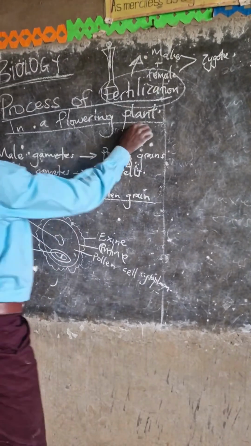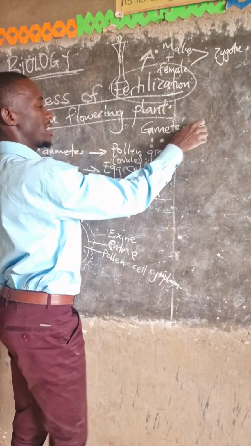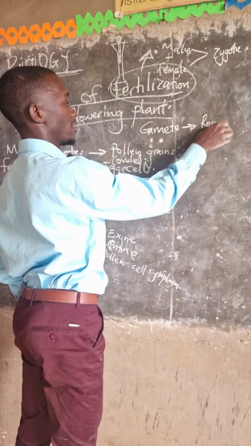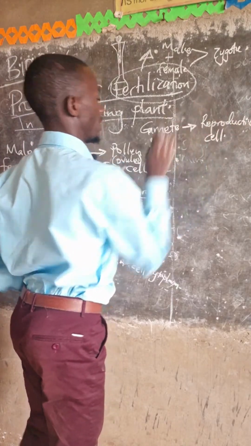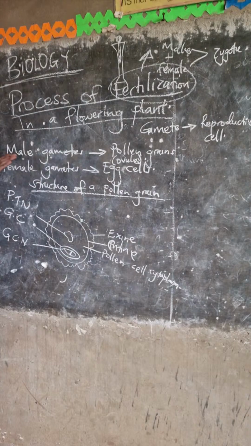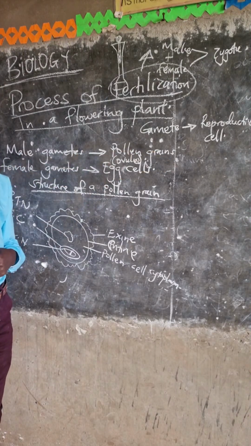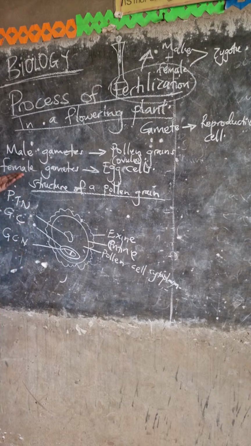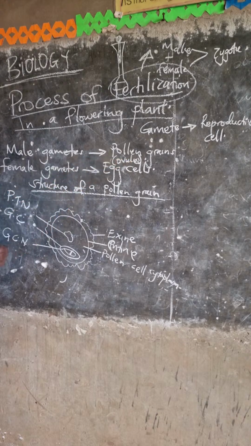And a gamete, for those who haven't covered this, is a reproductive cell. In plants, the male gamete is a pollen grain, and the female gametes are the egg cells found in the ovules.